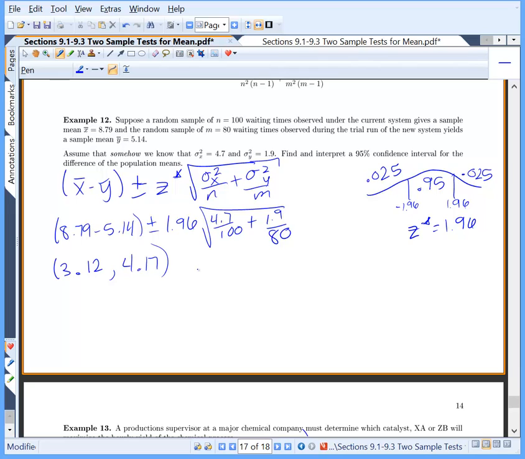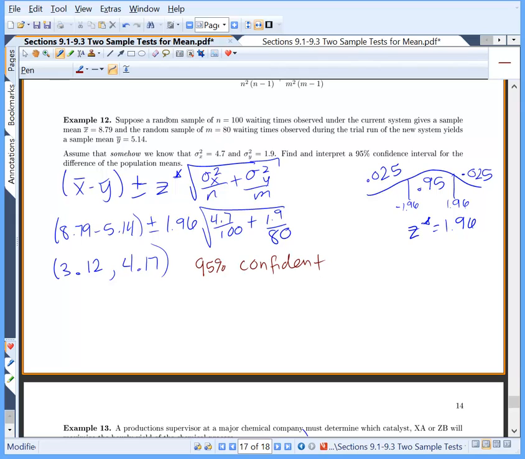So a short interpretation, a not as pretty interpretation, is that we're 95% confident that the difference in the means, now to figure out which way you wrote it, is you did 8.79 minus 5.14.